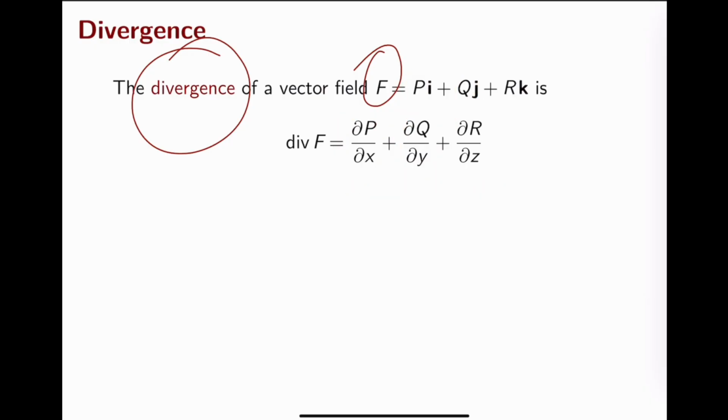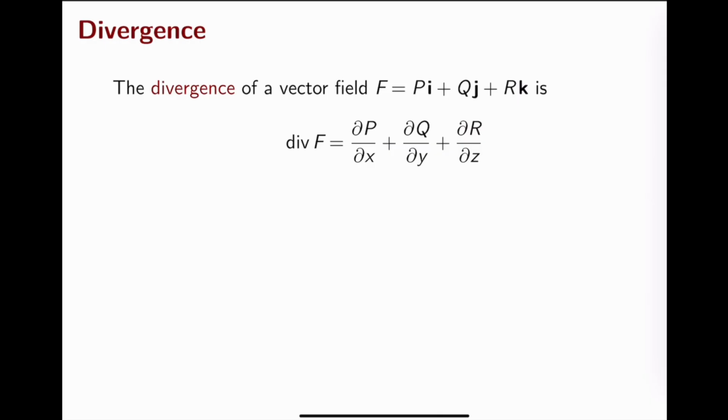The addition of these three partial derivatives is a function that depends on x, y, and z, but is a scalar function. So we have a number associated to a vector field, and we are going to have a number for each point x, y, and z. Well, this number is going to have an interpretation, especially in physics.